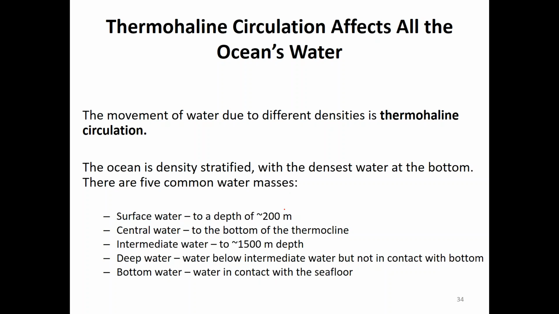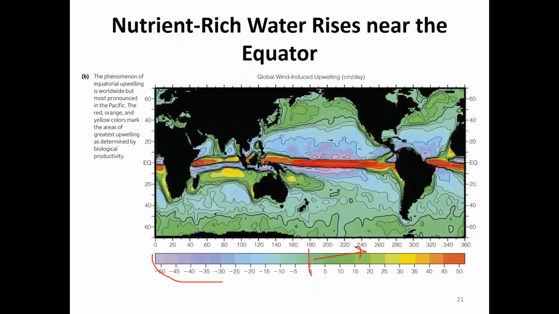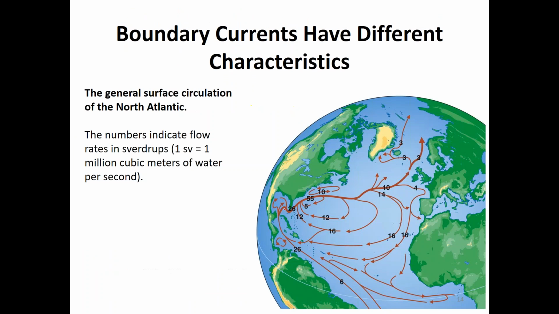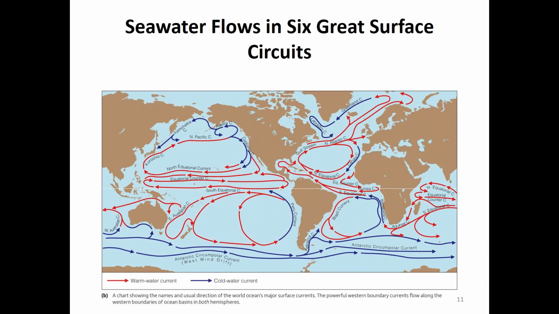So Professor, all that flowing and movement is pretty consistent. What do you mean? Consistent as always, that movement. So if it's not an El Nino, you have that water. So let me go back several slides. In a non-El Nino year, this is pretty much the flow pattern from east to west, driven by the easterly winds.